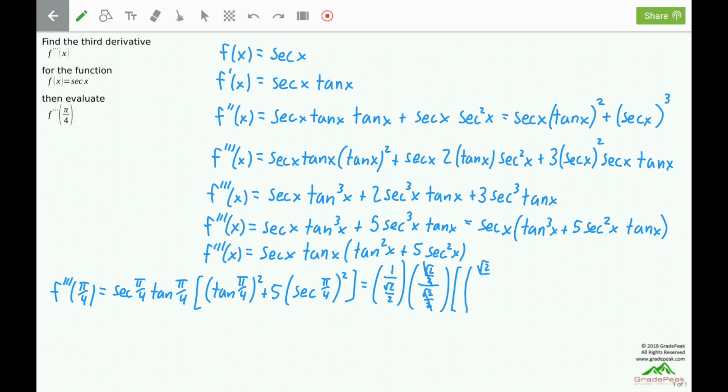Likewise in here, the tangent of pi over 4 is root 2 over 2 over root 2 over 2. And then quantity squared, those cancel down to be a 1. And then we have plus 5 times the secant of pi over 4, which is 1 over the cosine of pi over 4, and then quantity squared.